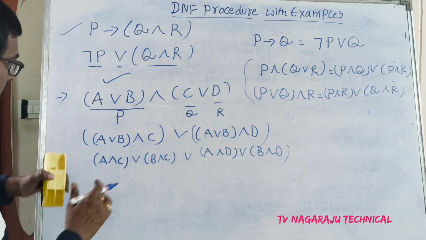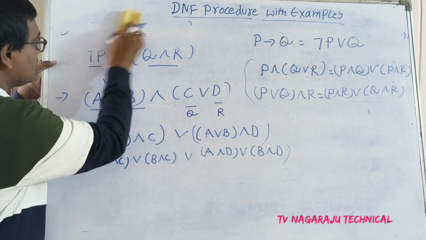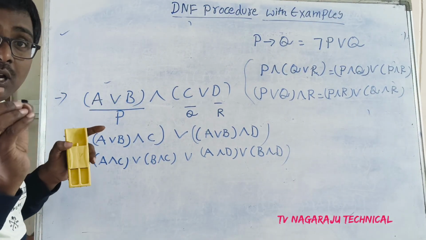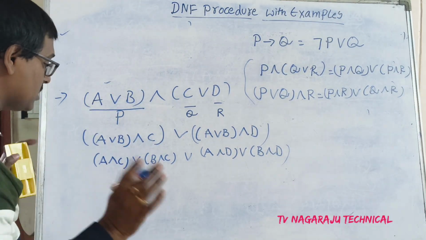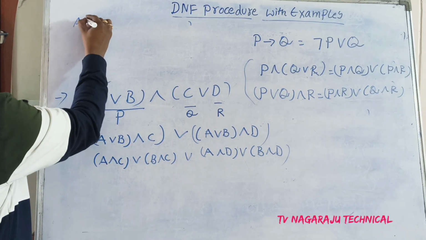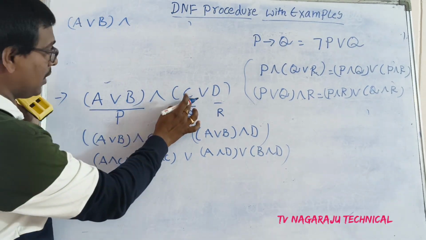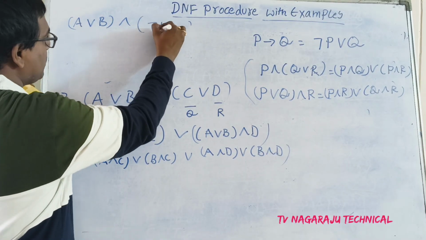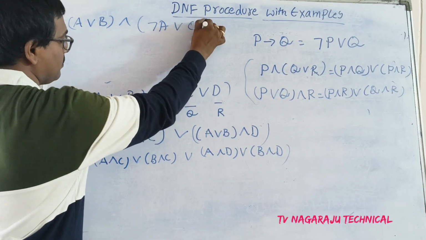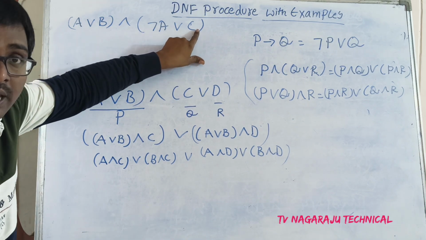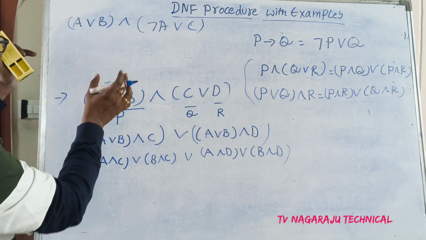Now we will do some more examples. Suppose we take the same example. If you want, you can use negation also. In the two earlier examples there is no negation. Observe, same example: (A or B) and (negation A or C). Don't confuse how to apply.